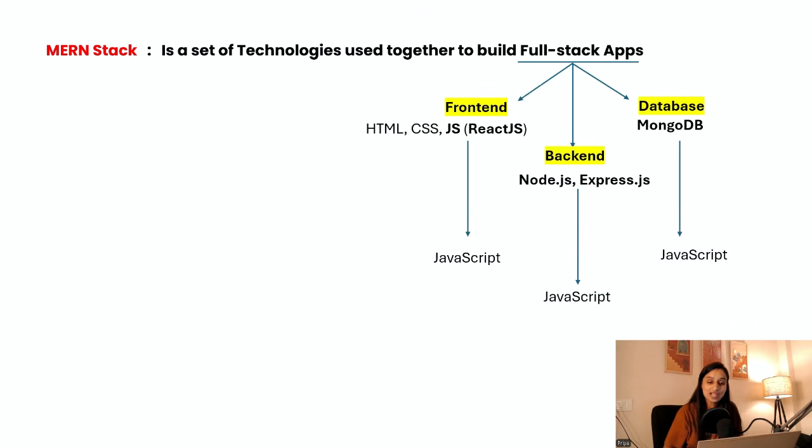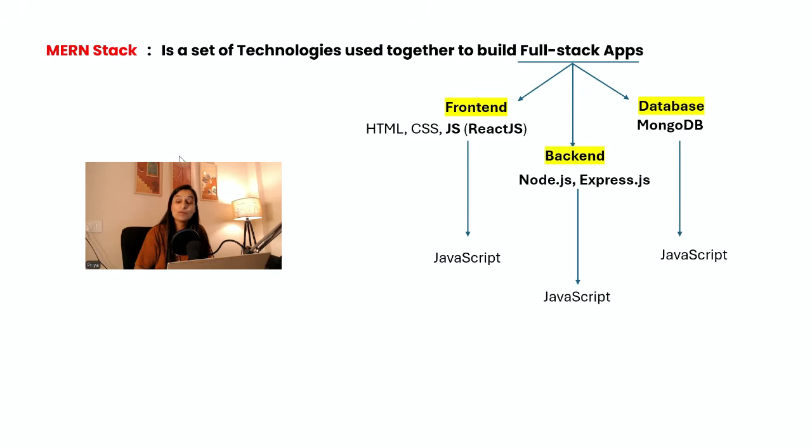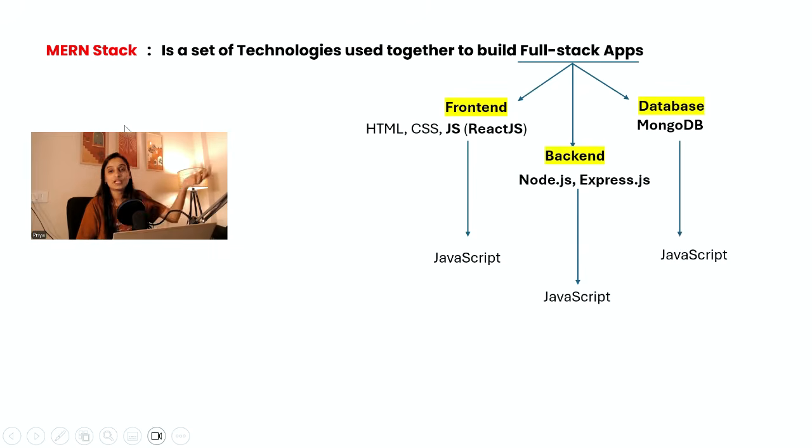That's why, as a developer, it will be easy for us to learn MERN fast, and we can easily start building full stack applications as well. This is one of the features of the MERN group of technologies. If you are using some other group of technologies, for example, for backend if you are using Java and Spring, fine.